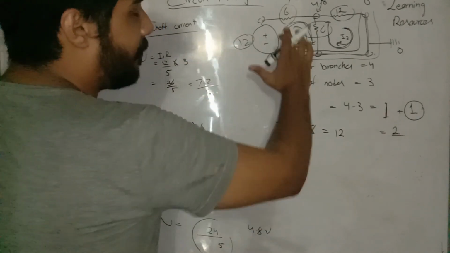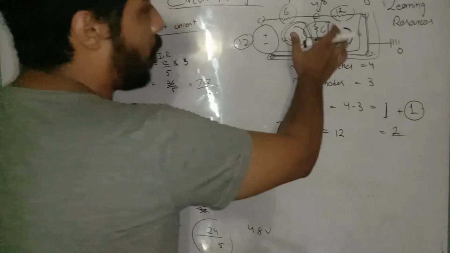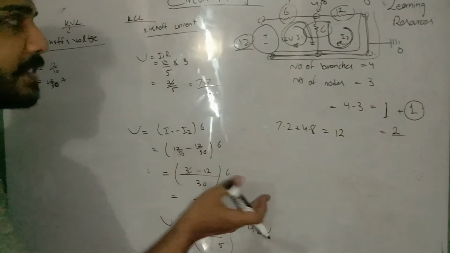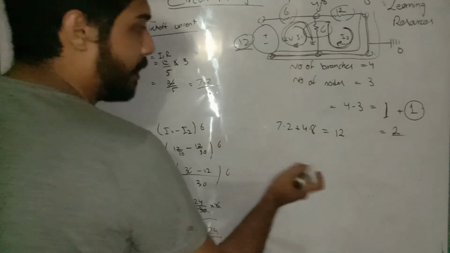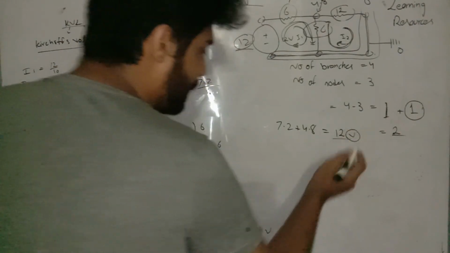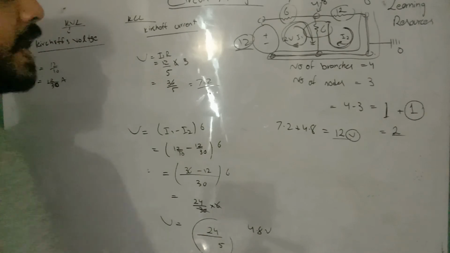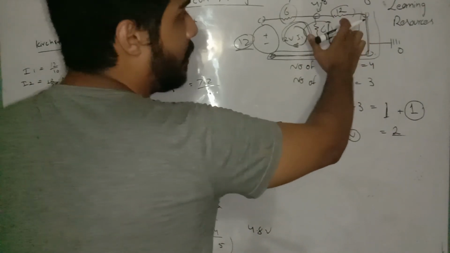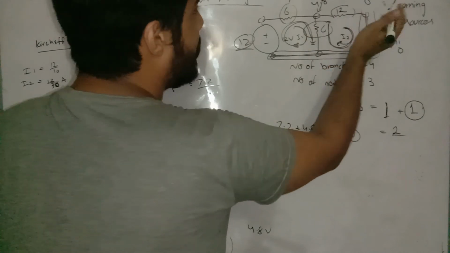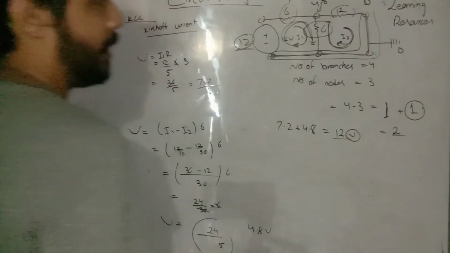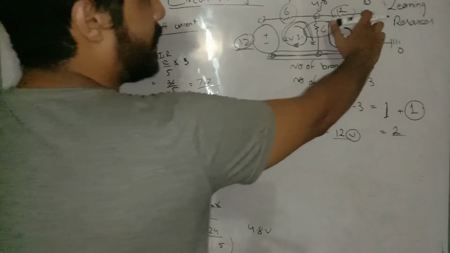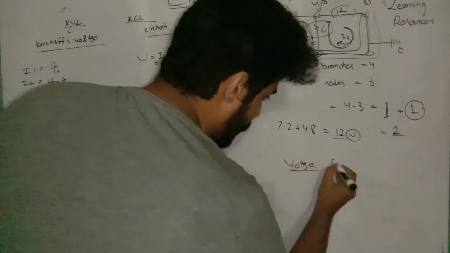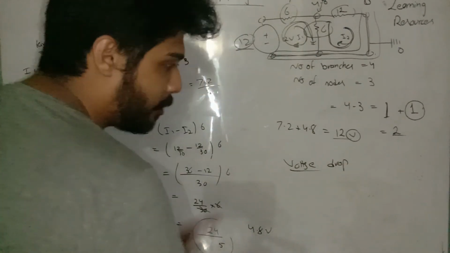So you can see that when we add the total voltage drops at these 2 points, we will get the whole voltage, and by this you can check whether your answer is correct or not. So I'm getting a total of 12 volts. I'm not calculating the voltage at this point because I have 0 at this point. So we calculate the voltage drops at 2 points.